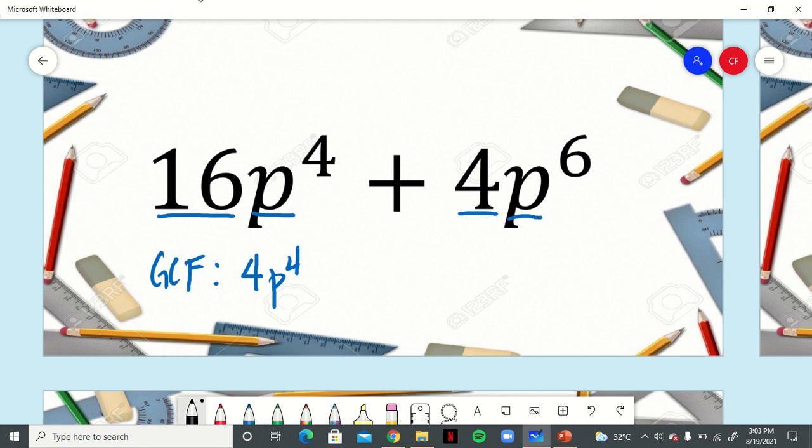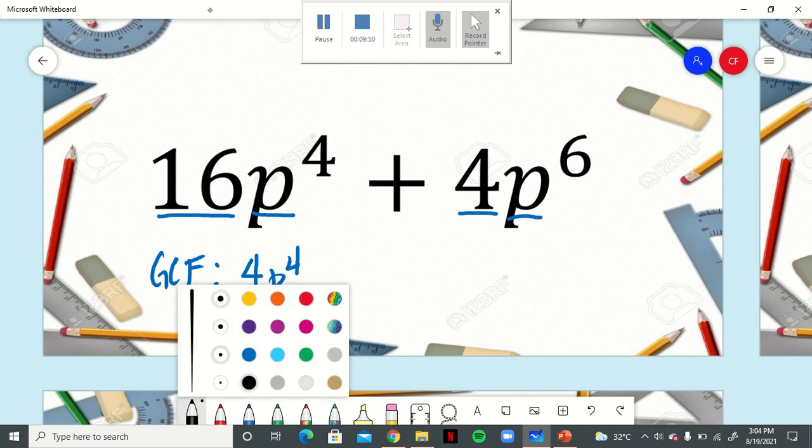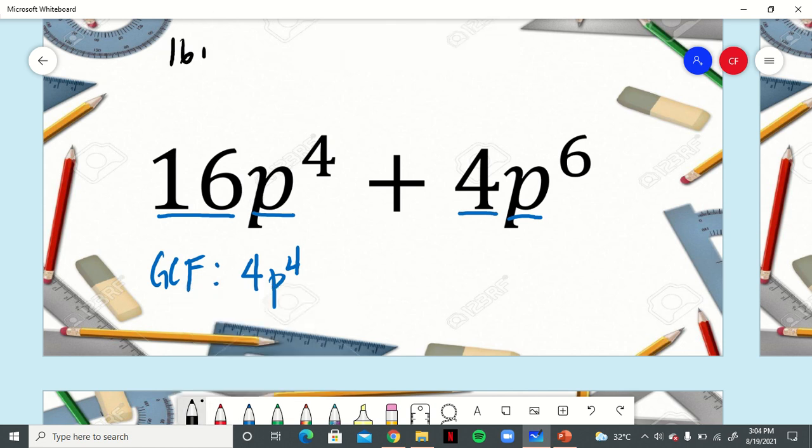Now, proceed tayo sa division. So, 16P raised to 4 divided by 4p raised to 4. Observe 16 divided by 4, 4. P raised to 4 divided by p raised to 4, 1 na lang yan. So 4 yung result. Next, 4p raised to 6 divided by 4p raised to 4.